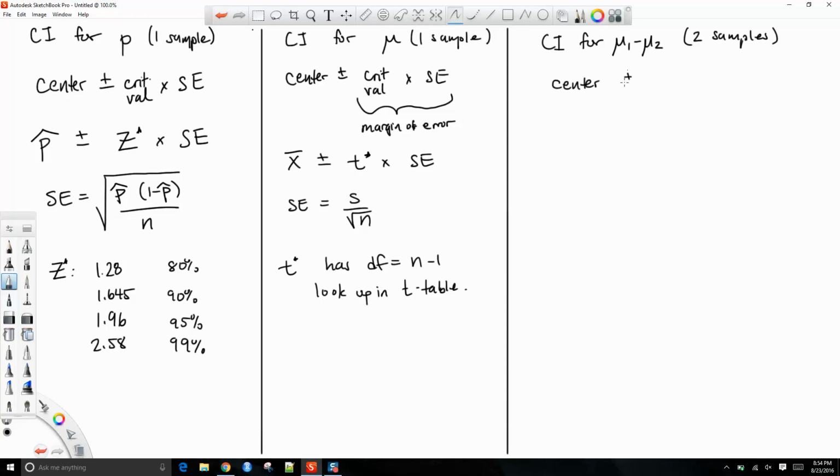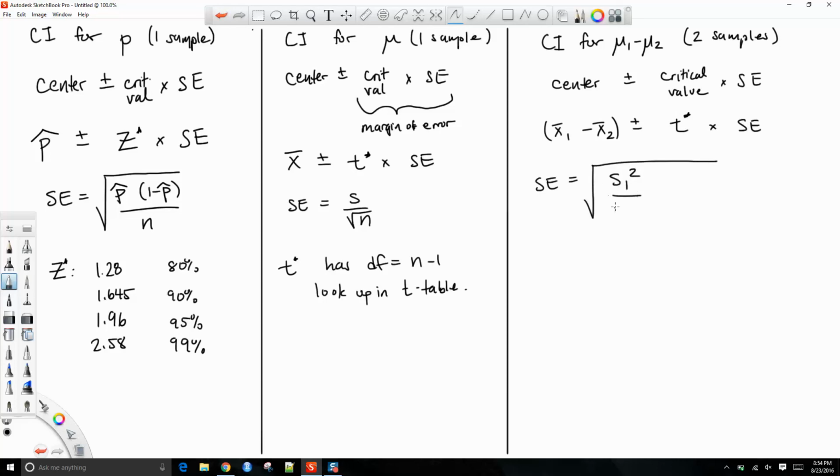Center plus or minus critical value times the standard error. So in the center here we have x bar 1 minus x bar 2. Our critical value is T star. We have our standard error. The standard error is an uglier formula: s1 squared over n1 plus s2 squared over n2.